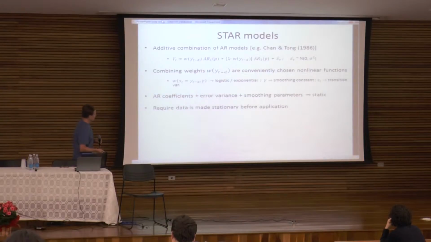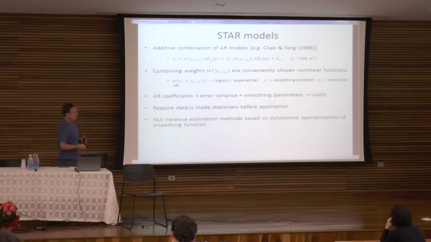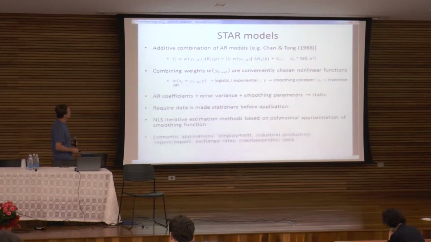Obviously, it requires the data to be made stationary before the application, and it uses nonlinear least squares methods based on polynomial approximations of the smooth function to estimate the parameters. Most applications of this type of models are in economic time series.